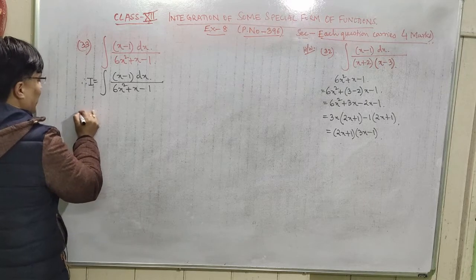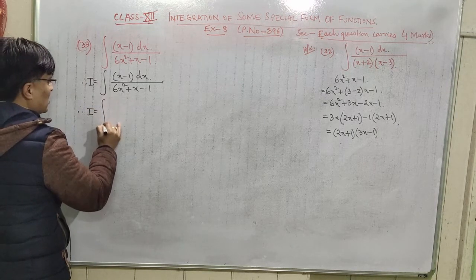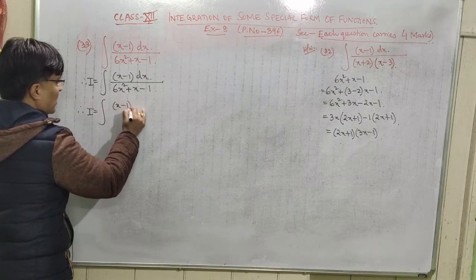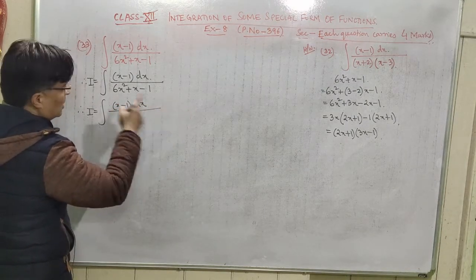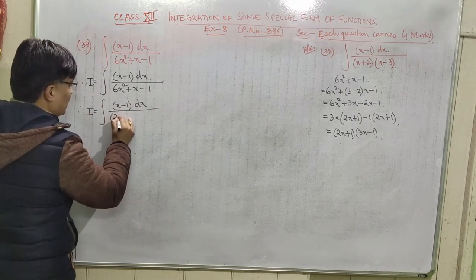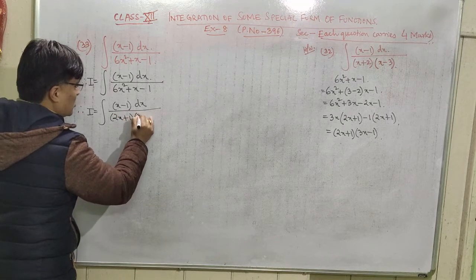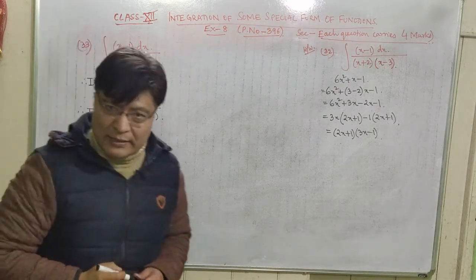So let us write down the factorization here. Therefore capital I is equal to integration of x minus 1 dx divided by what? So what are its factors? It is 2x plus 1 into 3x minus 1. Is that clear now?